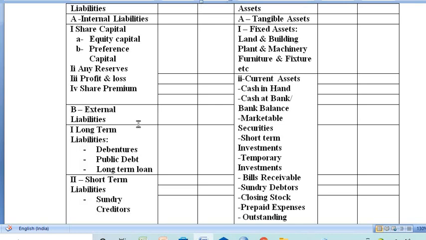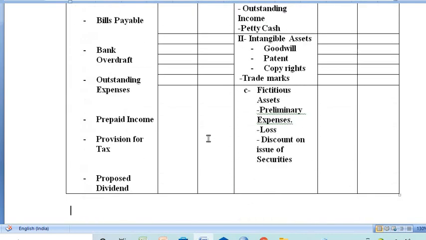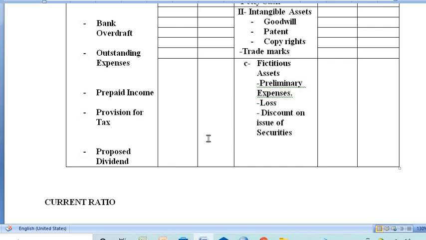The following are the current assets: cash in hand, cash at bank, bank balance, marketable securities, short-term investment, temporary investment, bills receivable, sundry debtors, closing stock, prepaid expenses, and outstanding income. Okay, so these are the various assets in the case of current asset.